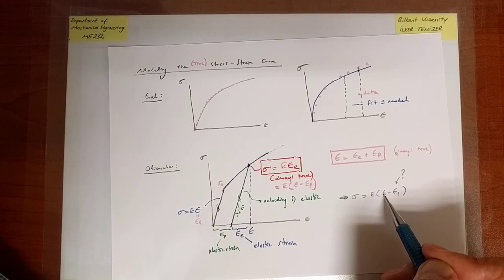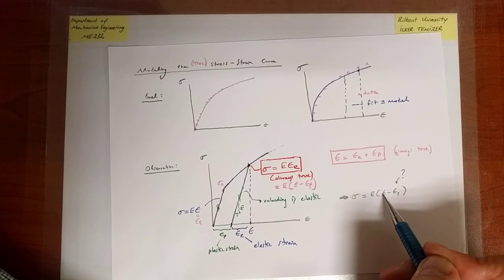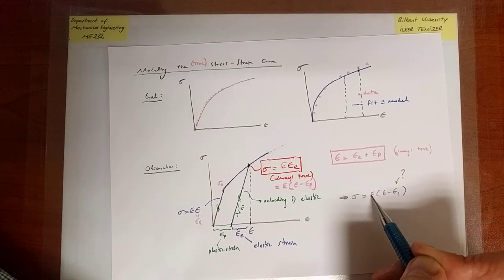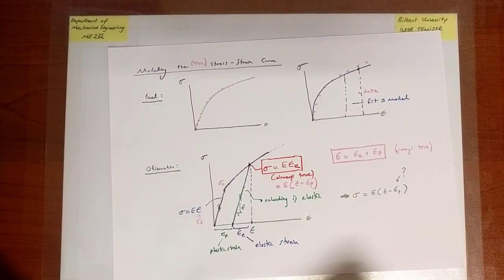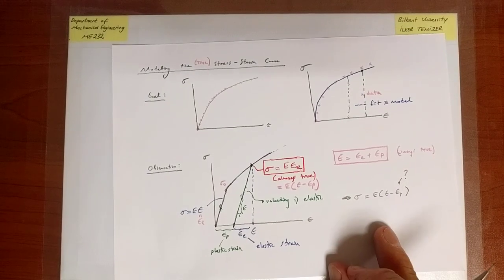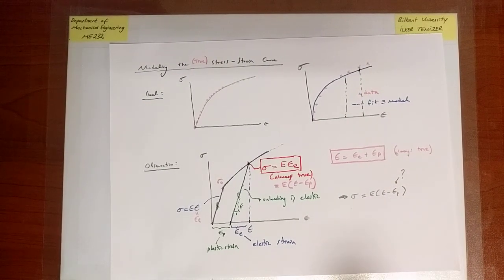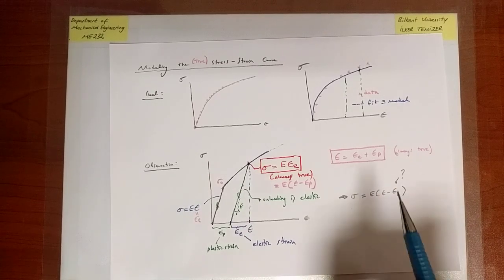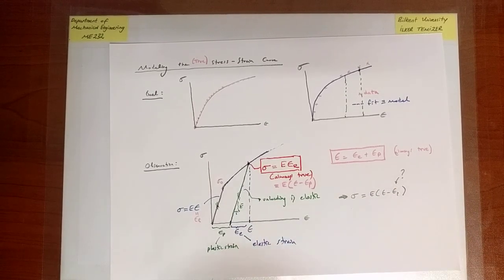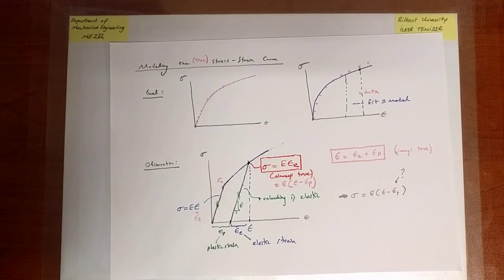Well, at a given value of epsilon, what is the plastic strain? How can I find it so that I can subtract that amount of plastic strain from the total strain, multiply it with E, let's say, and find what the stress is. So our efforts are going to next go into determination of the plastic strain, so that you give me the value of epsilon and I can tell you through that knowledge what the value of stress is, and that completes eventually my model.